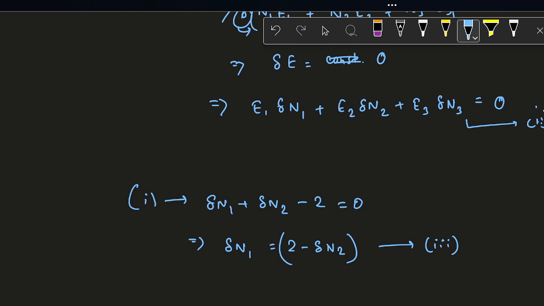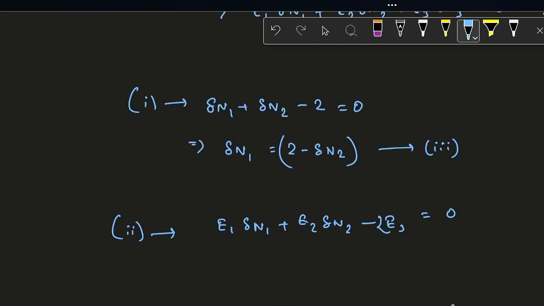Again, going to equation number 2 and replacing the value of delta N3 to be minus 2, you get E1 delta N1 plus E2 delta N2 minus 2 E3, because you have substituted the value of delta N3 to be minus 2, so it is equal to 0.